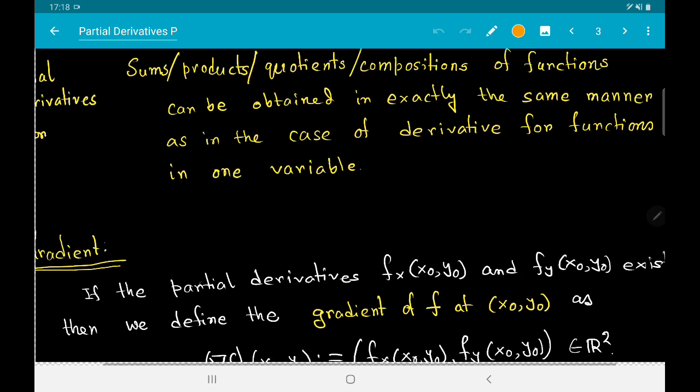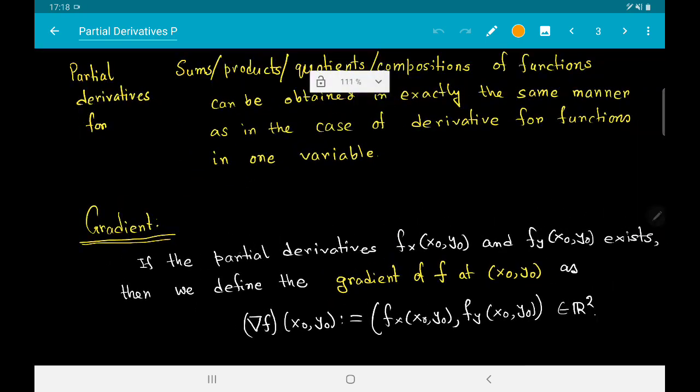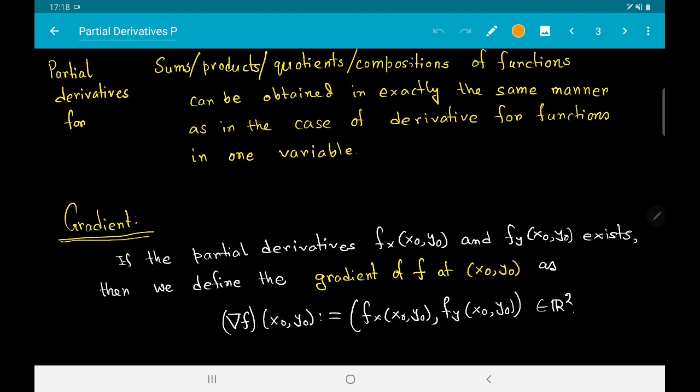Okay, so one new definition: this is called the gradient of a function. Suppose that f is a function from D to R, where D is a subset of R2, and x0, y0 is a point in D which satisfies the condition that we needed for partial derivatives to exist, at least not the limit, but there should be a horizontal line segment passing through x0, y0, and a vertical line segment which passes through x0, y0.